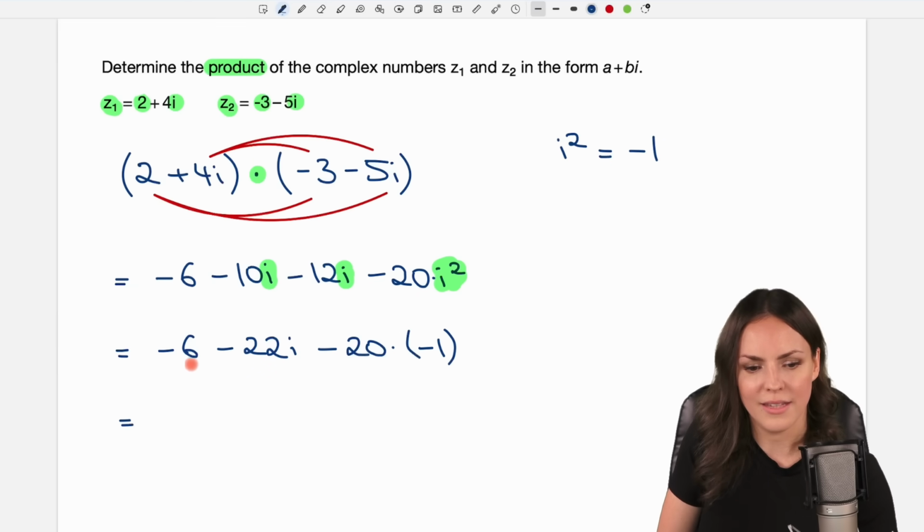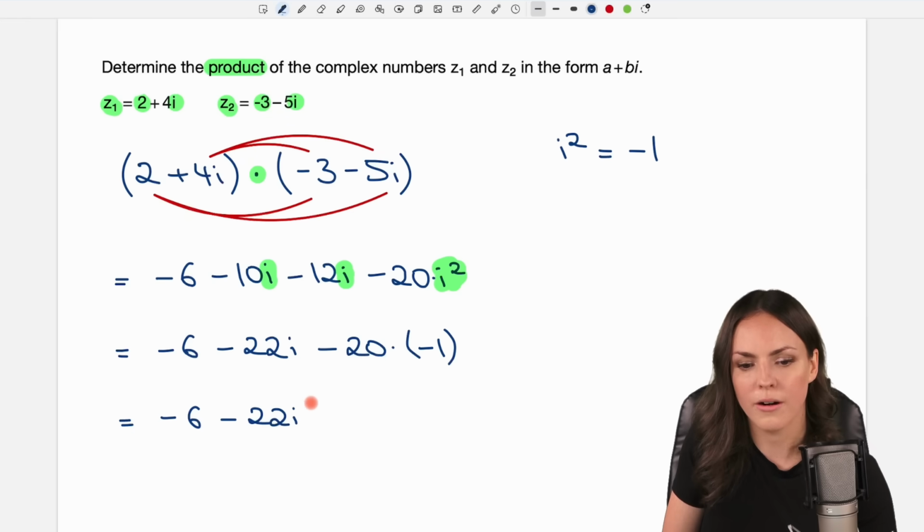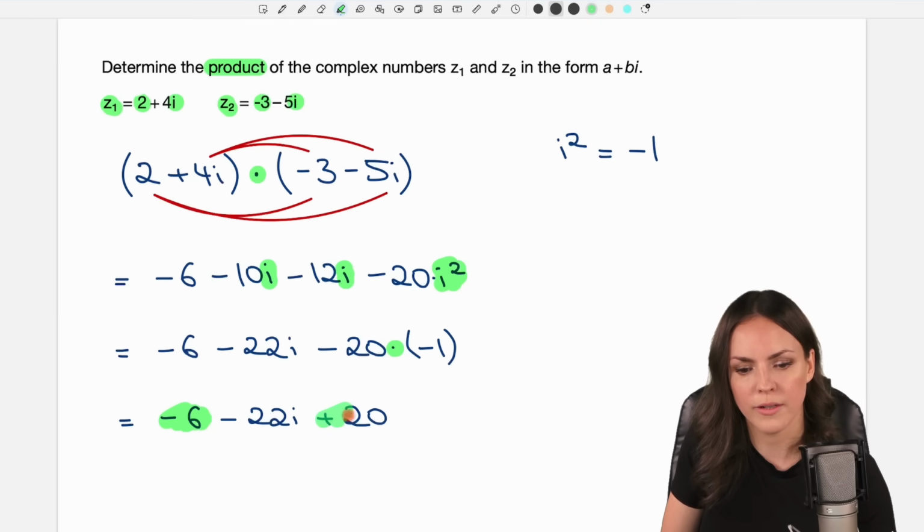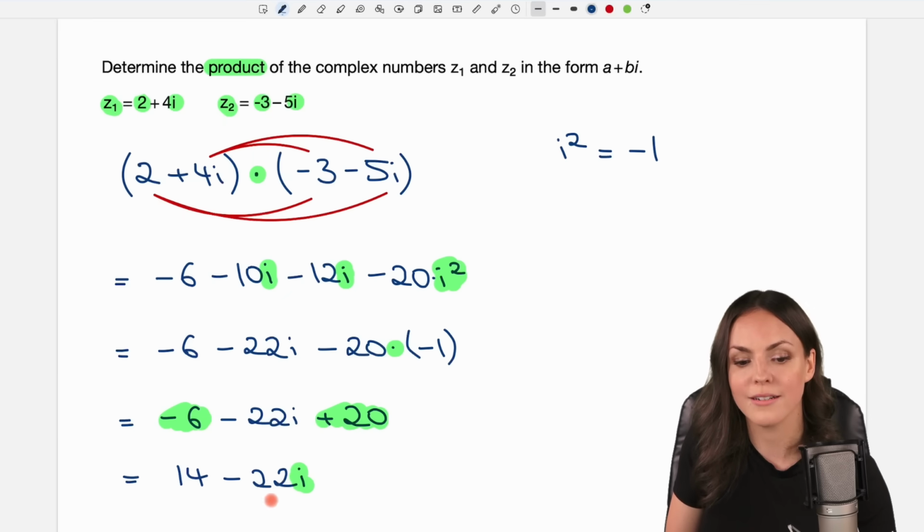Then we have the negative 6. We have the i part, and negative 20 times negative 1 equals plus 20. And then we can simplify here the numbers so that we have negative 6 plus 20 equals 14. And at the end, the negative 22i. So we have the imaginary part here at the end and the real part at the beginning.